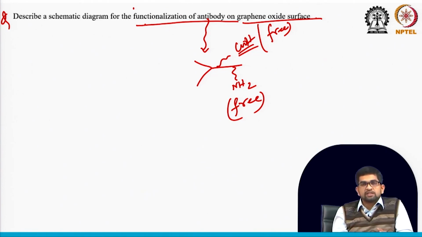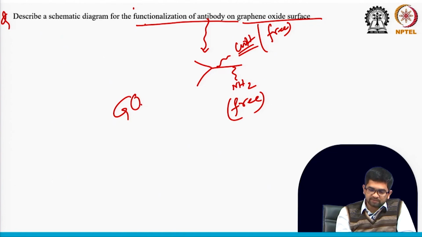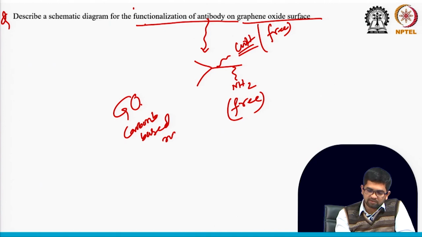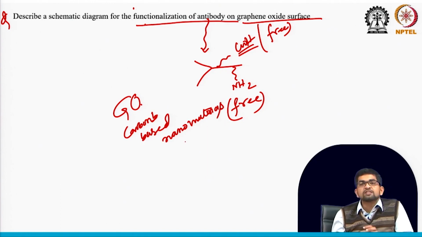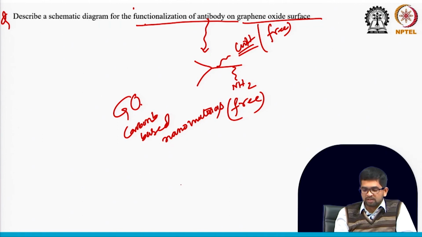Graphene oxide is a carbon based nanomaterial. This kind of nanomaterial is very useful to functionalize different biomolecules on the surface.